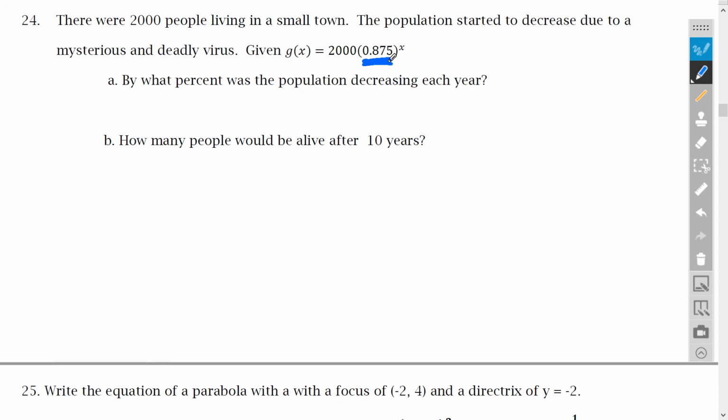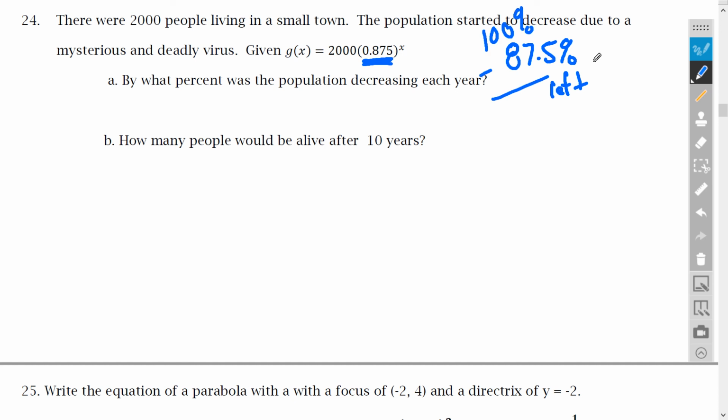So what this is telling me is that after each year, there's 87.5% of the population left after each year, because that's the rate. This is how much it starts with, 2,000, and then this is the rate, 87.5% left each year. So if I want to know how much it's decreasing by, then I actually need to subtract that from 100%.